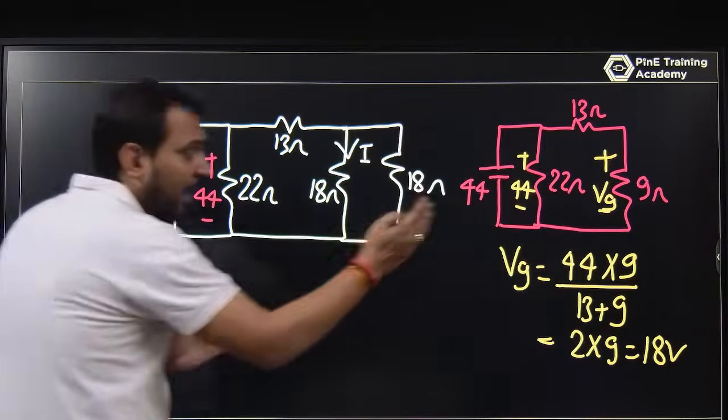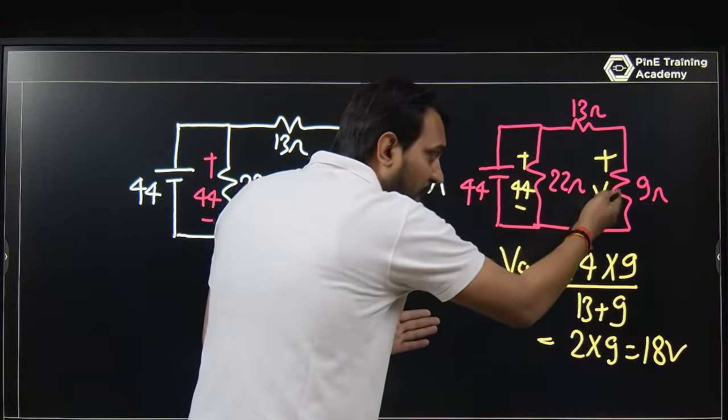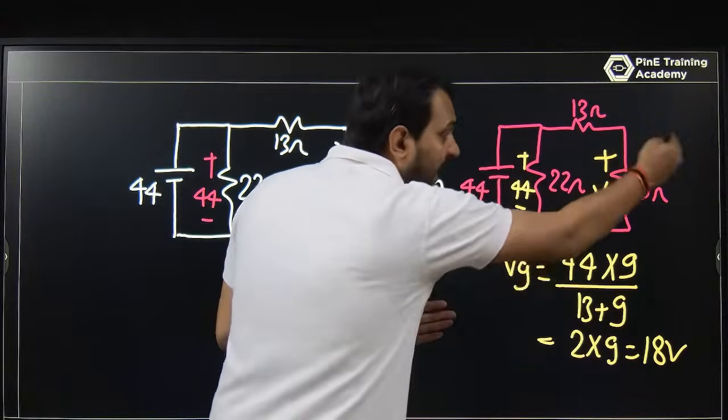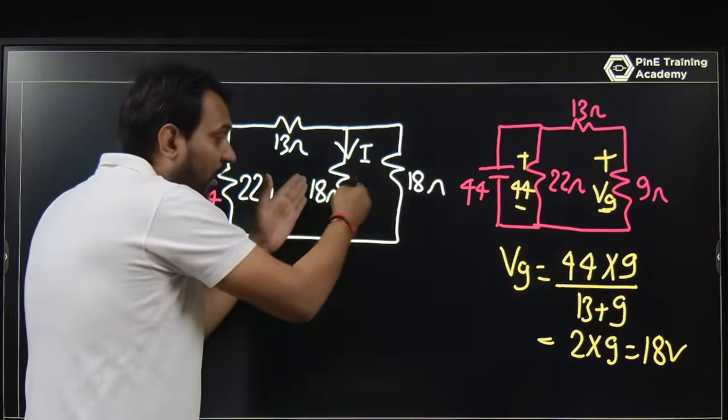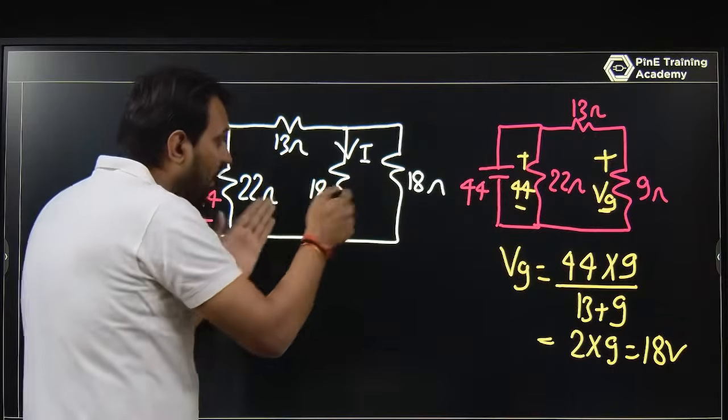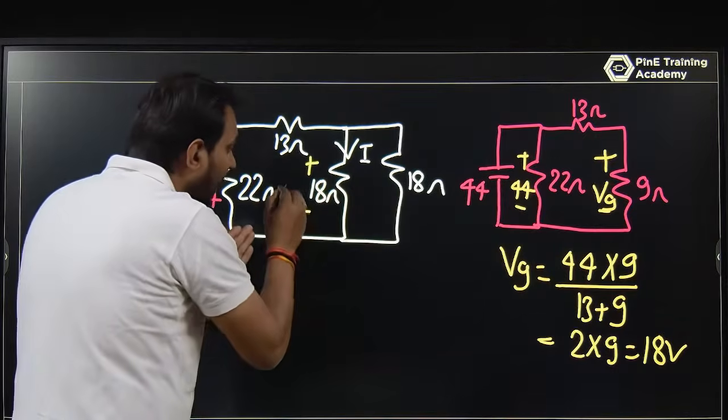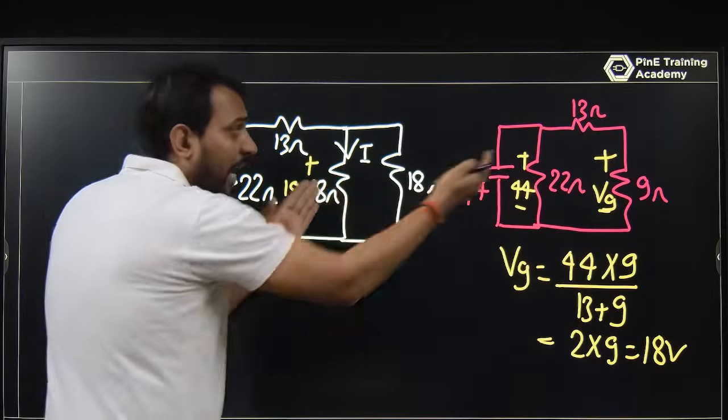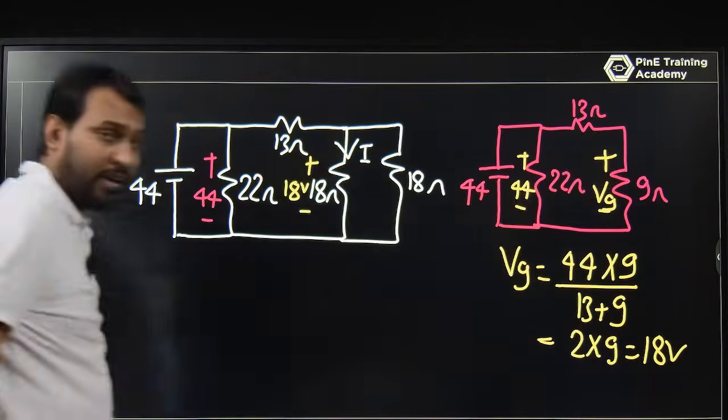And this 18 volt, the V9, will be the same for 18 and 18. Why? Because they are in parallel. In parallel, voltage is the same. So what is the voltage here? That is 18 volt, because they are in parallel. By this only you will find it.